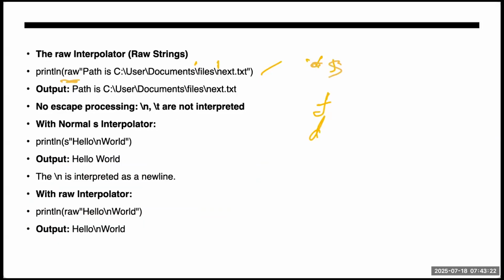If you have backslashes, you can use raw to print it. If you try to print it without raw, it will not give you the output this way.